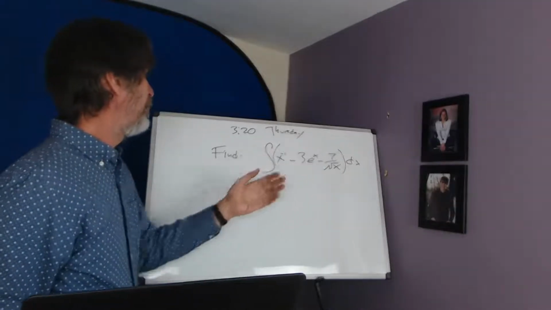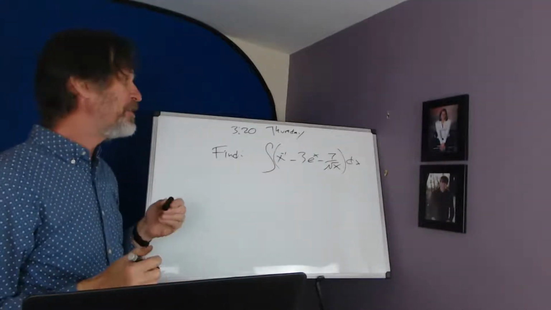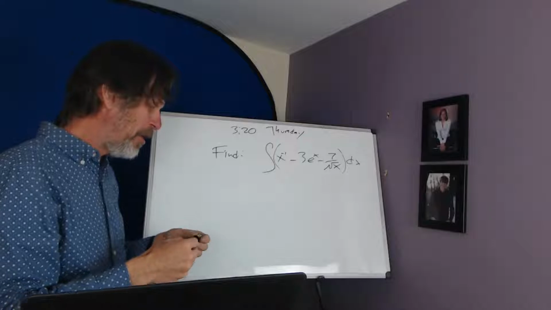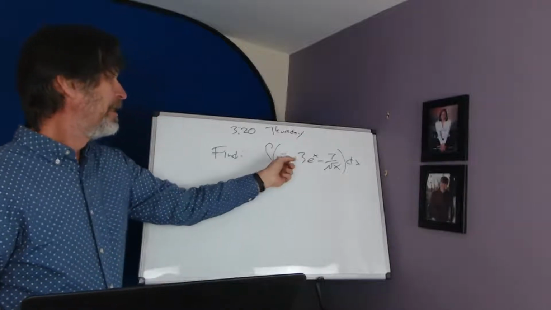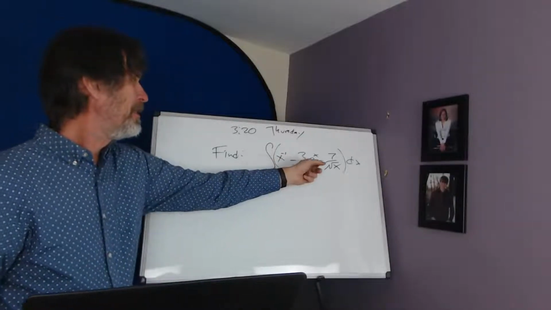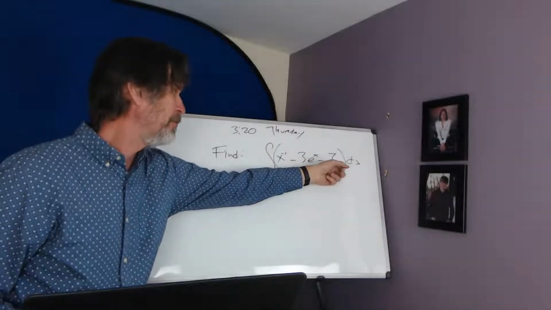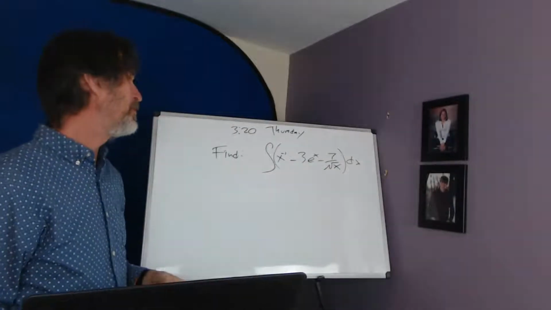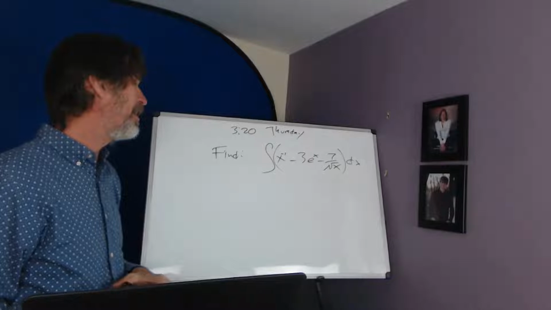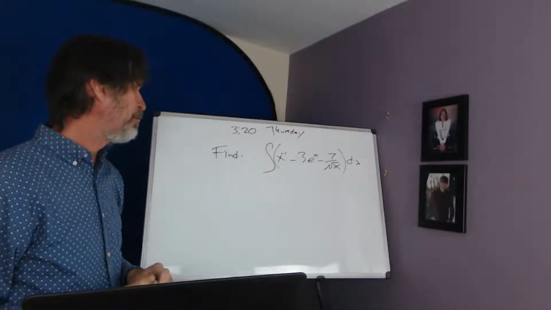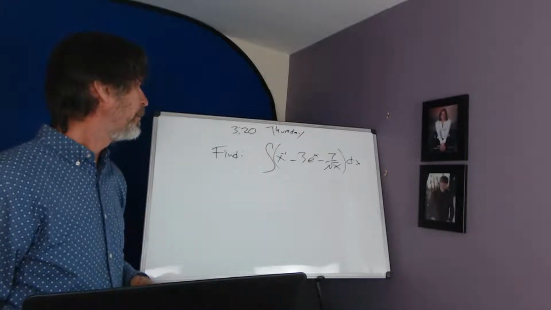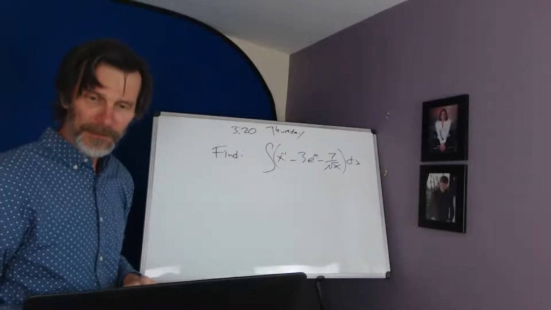If I write a quiz like that for Thursday, it really checks everything that we needed to know about antiderivatives. It gives us back the logarithm, does an exponential, and this one uses the power rule. So an antiderivative like this would be a really nice question to give on the quiz on Thursday.